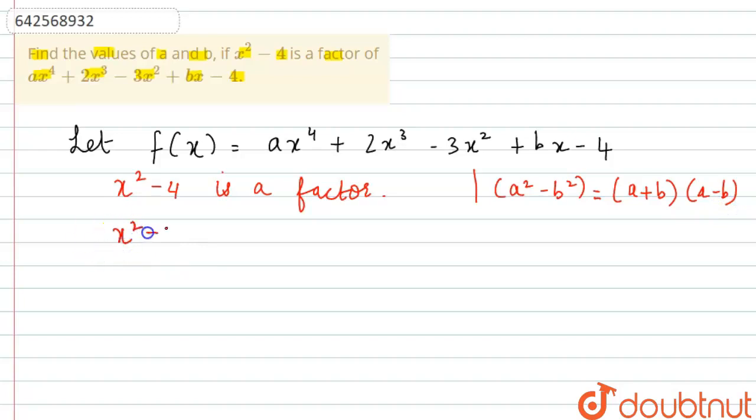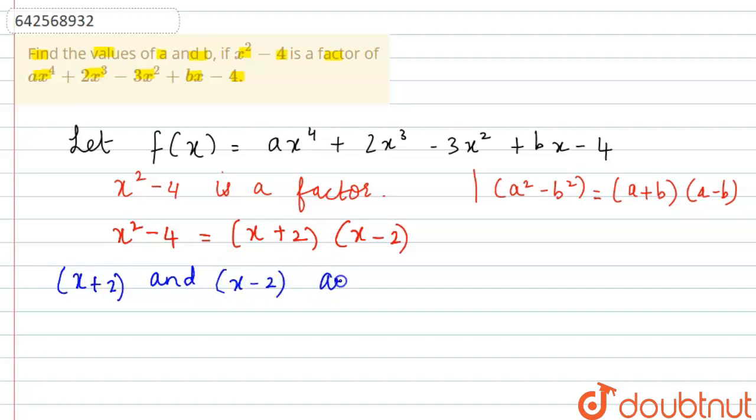So x square minus 4 will be equal to, here a square is x square, so a will be x and b square is 4, so b will be 2. So plus 2 and x minus 2. So we can say that x plus 2 and x minus 2 are also the factors of f of x. We can write x plus 2 and x minus 2 are factors of f of x.